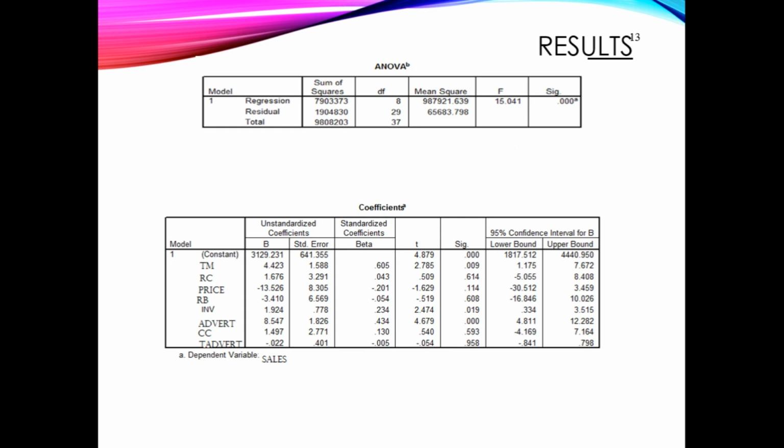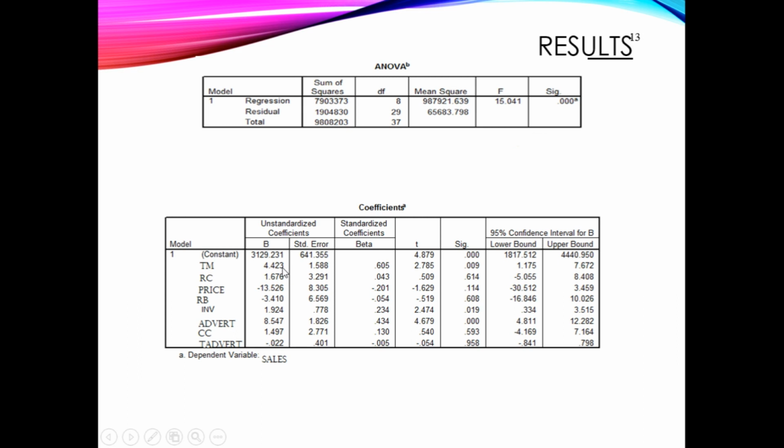So how can we interpret the total market using the coefficient? Our beta 1, because total market is our first variable, is 4.42. That means that when the total market increases by 1%, the sales will increase by 4.42%.